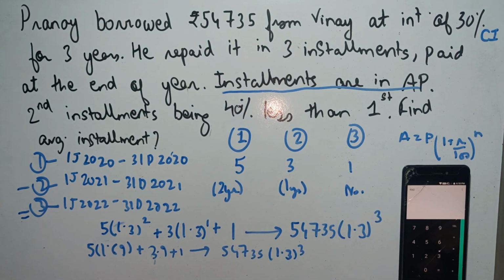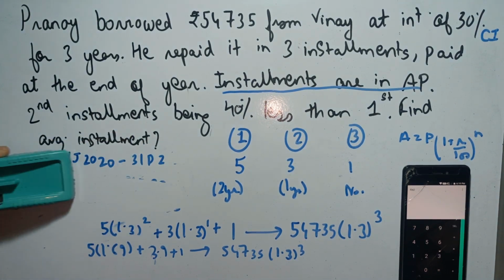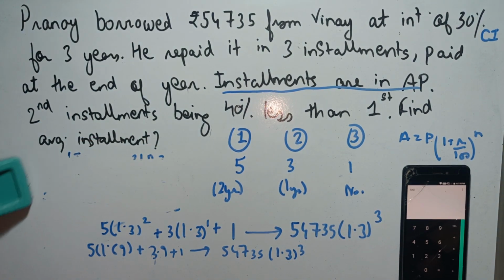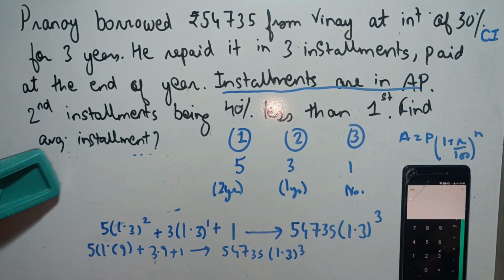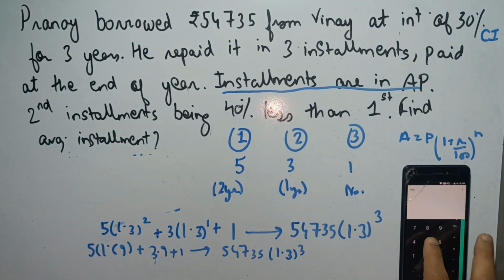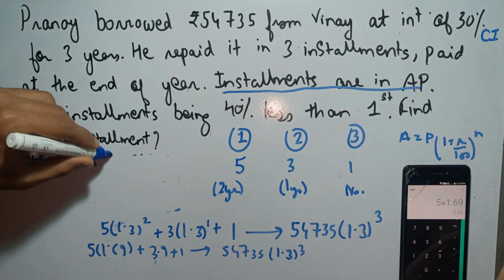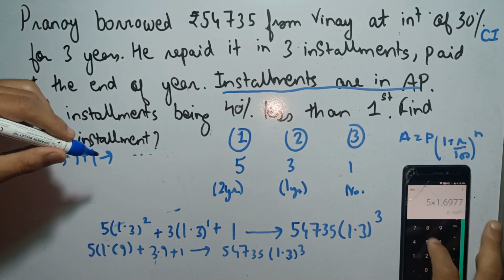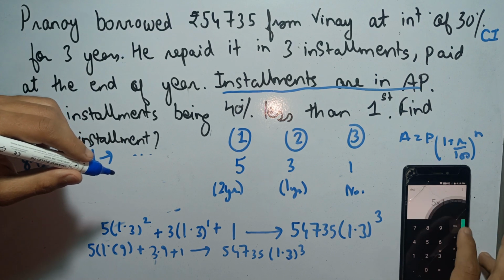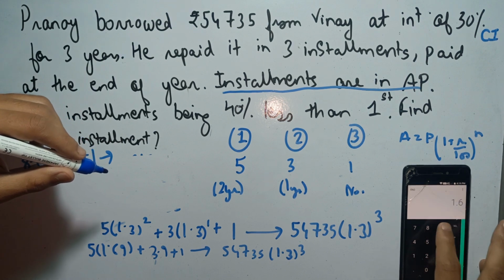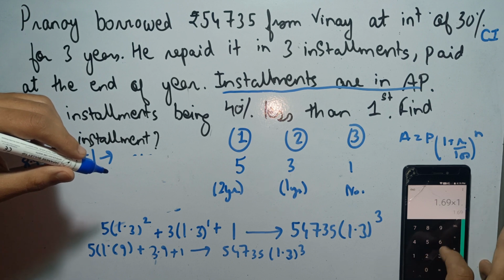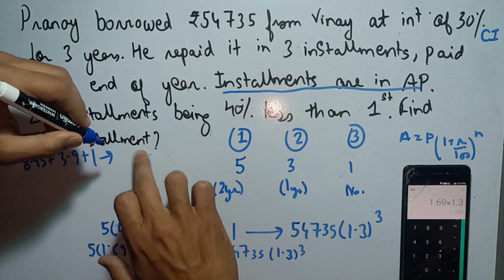This would give us 5 into 1.69, that is 8.45, plus 3.9 plus 1, and here it would be 1.69 into 1.3, that is 2.197.